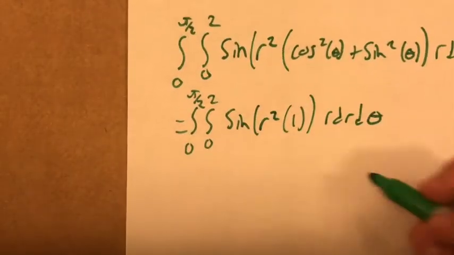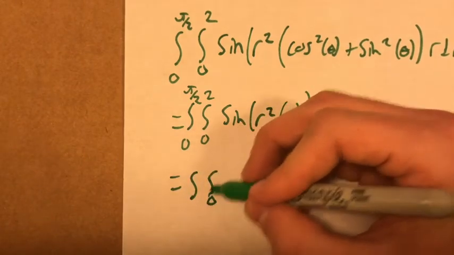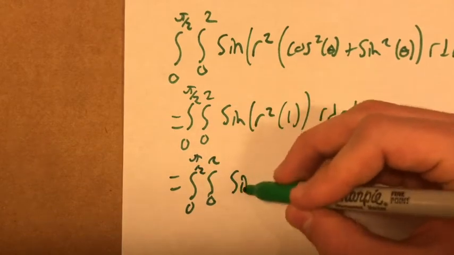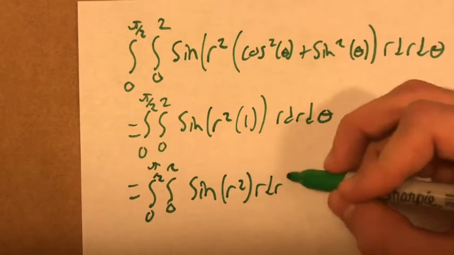So our final integral put into polar coordinates is the integral from 0 to 2, 0 to pi over 2 of sine of r squared r dr d theta.